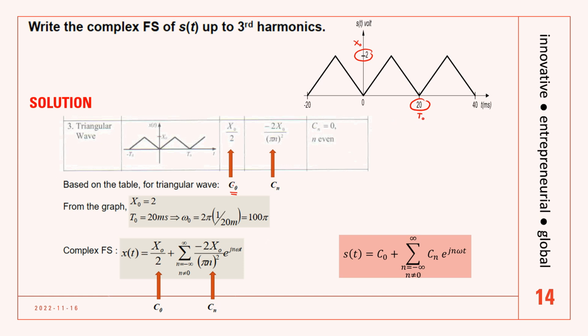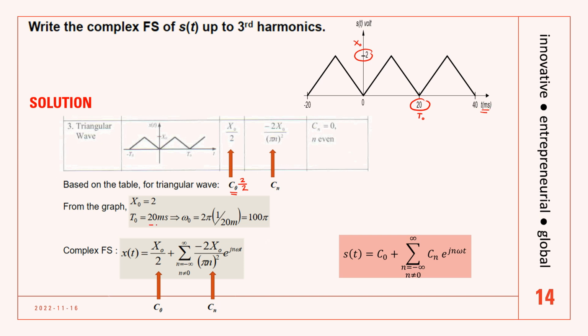So to determine your c naught, please also pay attention that this is in milliseconds. Your c naught is going to be 2 divided by 2, and your t naught is 20 millisecond.